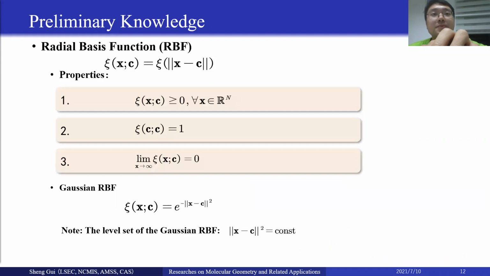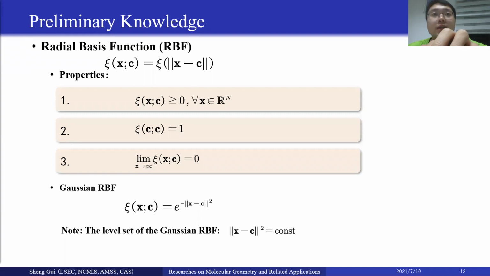The radial basis function is written as this, where phi is a nonnegative function, and Ci is the center location of the i-th basis function. RBF has basic properties as follows.